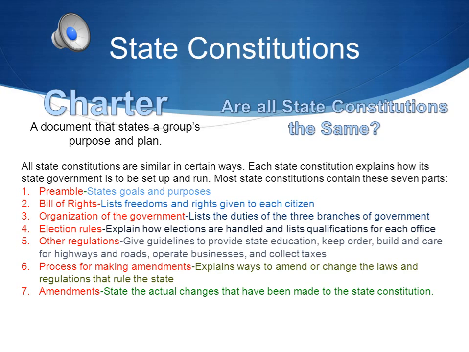Now, are all state constitutions the same? They're very similar in most ways, and very similar to how the federal government is set up as well. They all have a preamble, which explains the goals and purposes of the government.